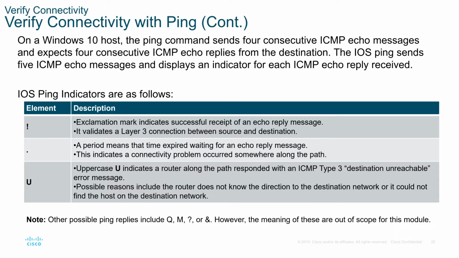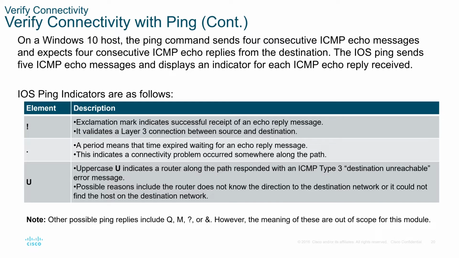Some of the indicators that we may receive are the exclamation point. The exclamation mark indicates a successful receipt of an echo reply message, and it validates a layer 3 connection between source and destination. You must remember that ICMP will only test to layer 3.